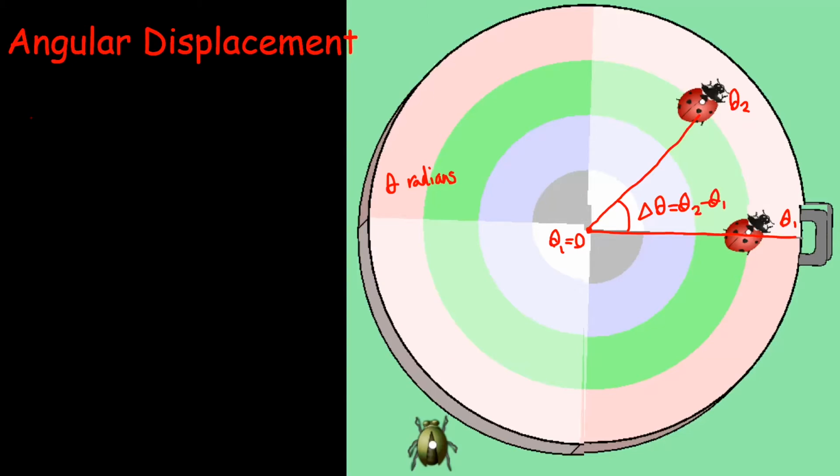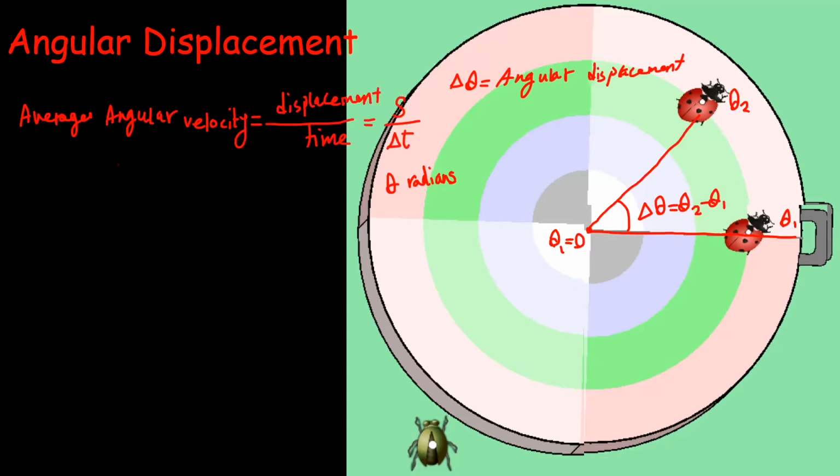Delta theta is angular displacement of this object. And you already learned that average velocity is equal displacement divided by time, or s divided by delta t.